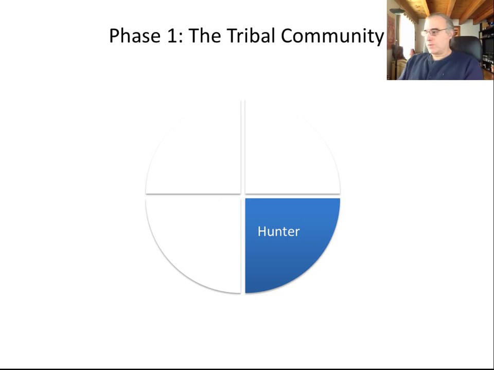So you have a tribal community, you have hunters, and at one stage of our development, this would take up the whole circle, because you wouldn't have all these other people there yet that we're about to go into. But a development happens that brings a single individual out of the group of hunters, and it's probably not a pretty situation.